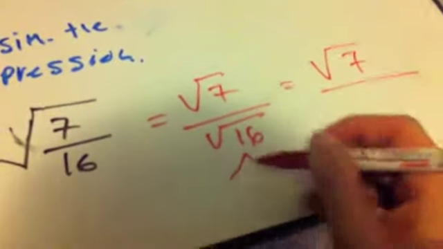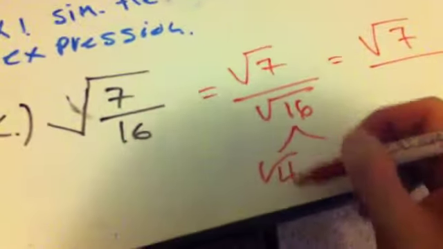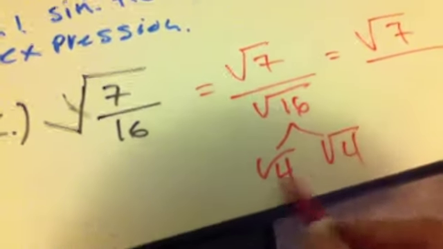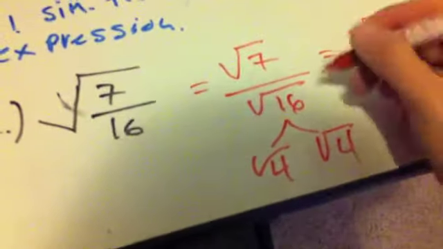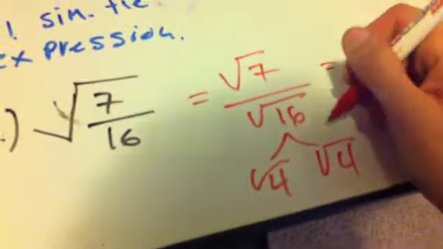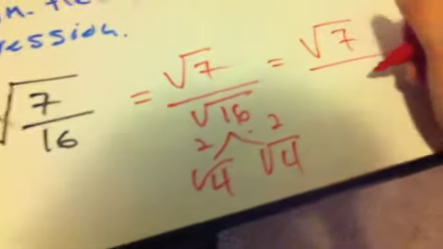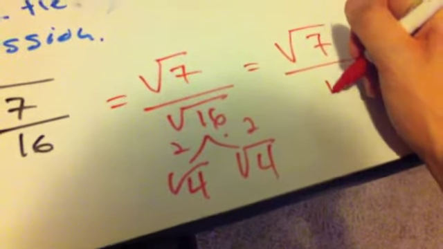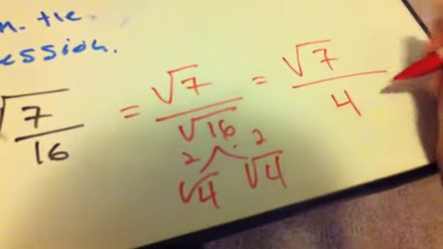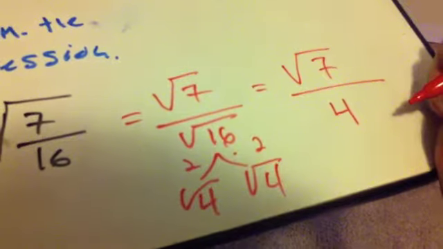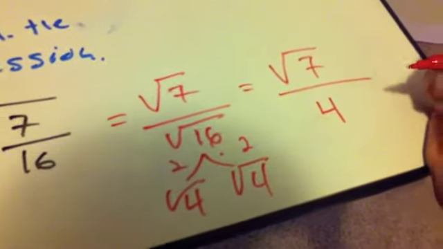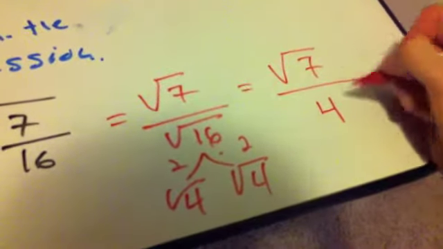The square root of 16 is the square root of 4 times the square root of 4, which are both perfect squares, which become 2 and 2, and you multiply those together to give you 4. So that becomes square root of 7 over 4.